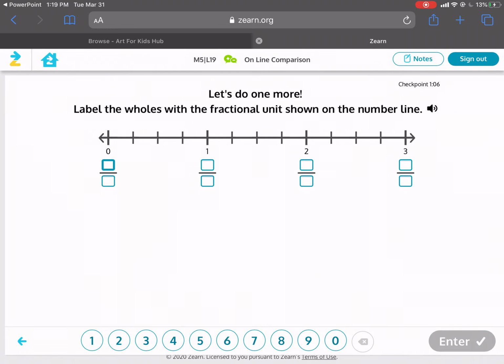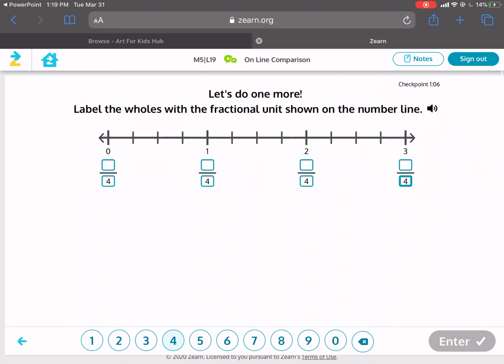Okay, let's do one more. Label the wholes with the fractional unit shown on the number line. So we know that each one of these wholes is split into 1, 2, 3, 4 pieces. So 4 is going to go in the denominator for each of these fractions.